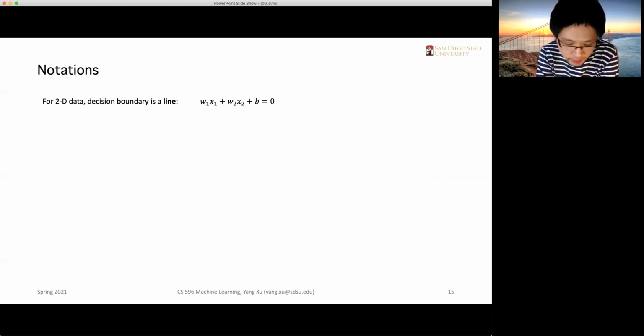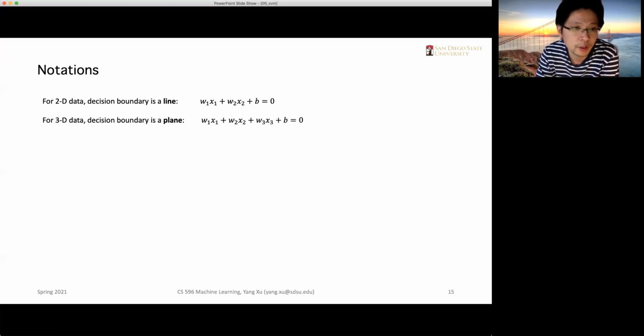When you think of a boundary in the 2D space, it's just a line. It's easier to compute and easier to write down the equations. When you write a line in the 2D space, it's like this: you've got the two coefficients, W1, W2, and B, which is the intercept.